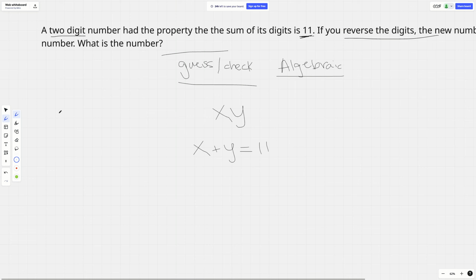Well, let's go back to our initial input, and that is xy. We said that xy was that original two-digit number. So if that is the case, how do we reverse the digits of xy?